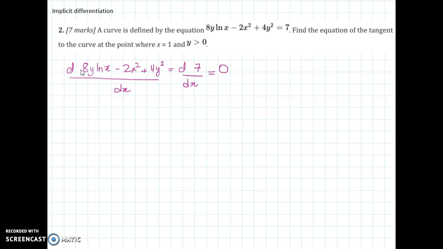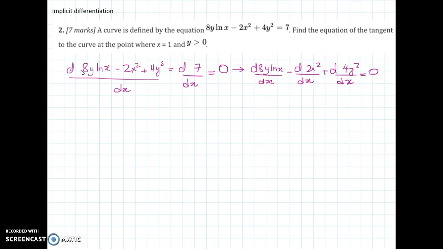On the other side, we have three terms, so we're going to be taking the derivative of each of them. So the derivative of 8y logarithm of x with respect to x minus the derivative of 2x squared with respect to x plus the derivative of 4y squared with respect to x. All of this has to be equal to 0.